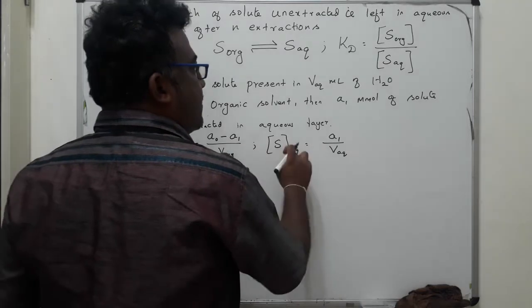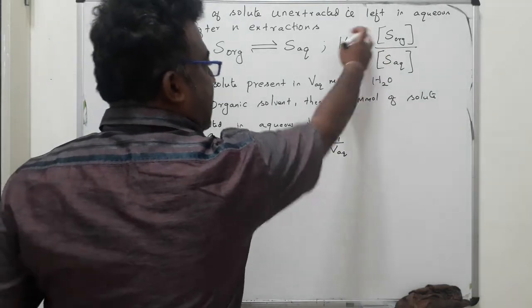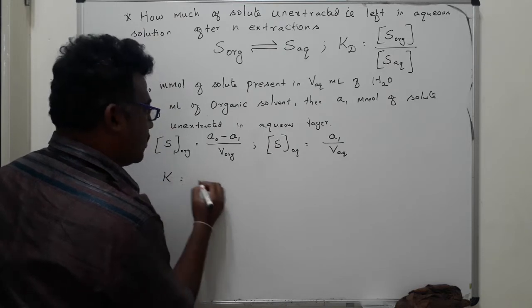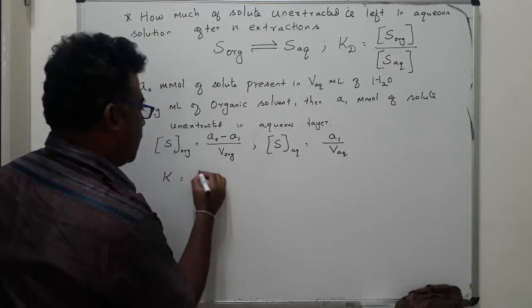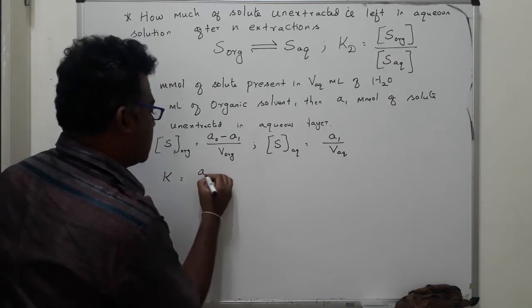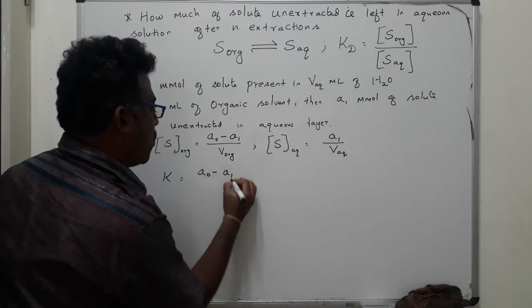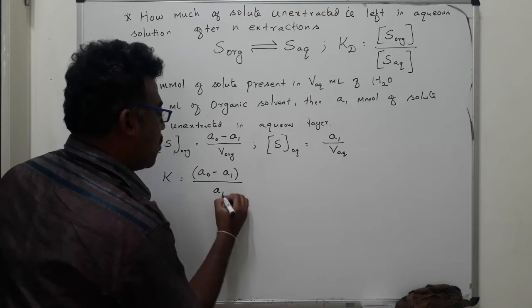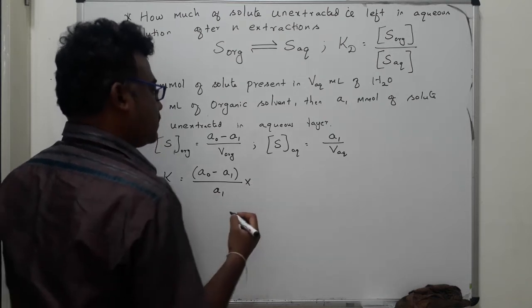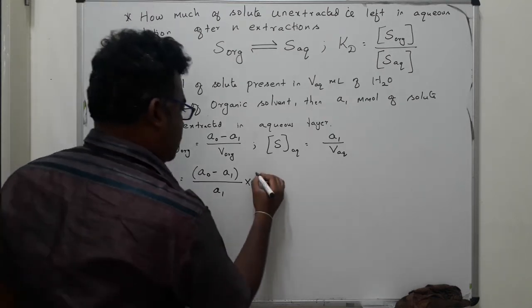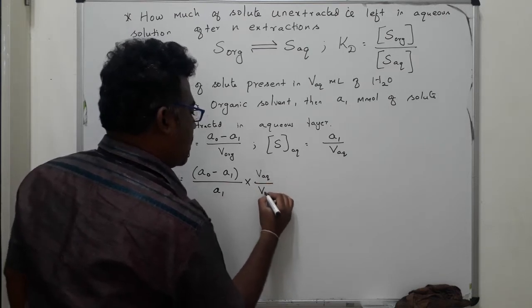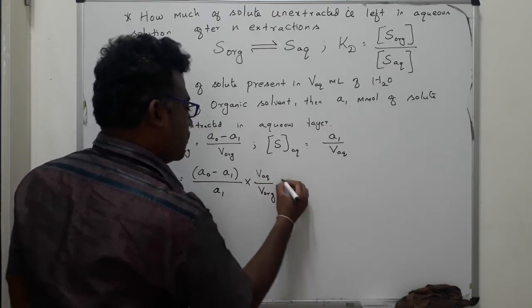These two parameters are substituted in this equation. We get K equal to A0 minus A1 divided by A1 into V aqueous divided by V organic.